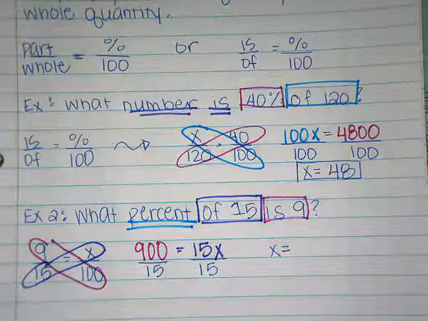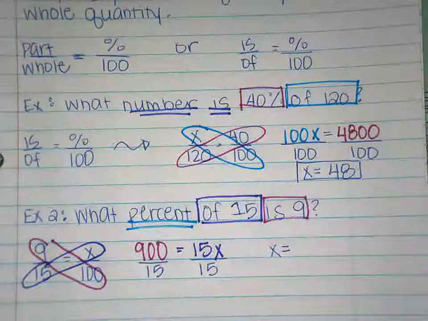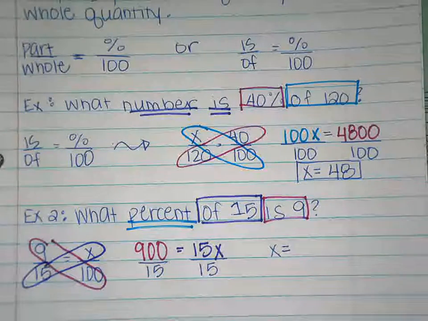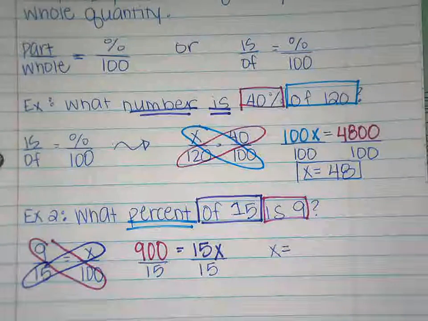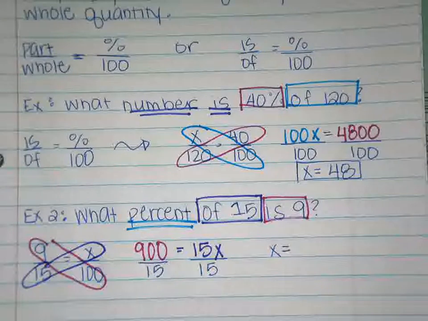A little bit harder in the math department, not compared to the first problem. Not as hard, but still not as easy, but not too terrible. So finish solving that for me.